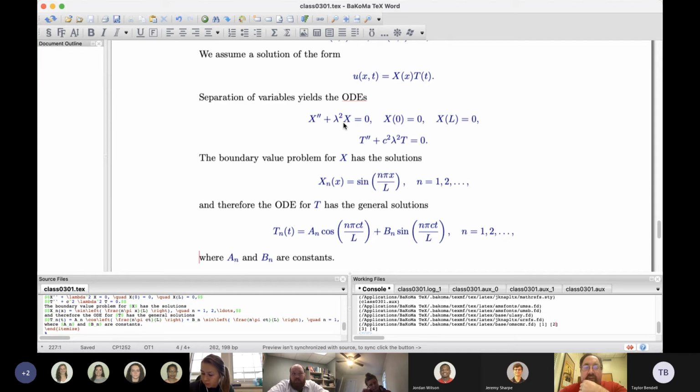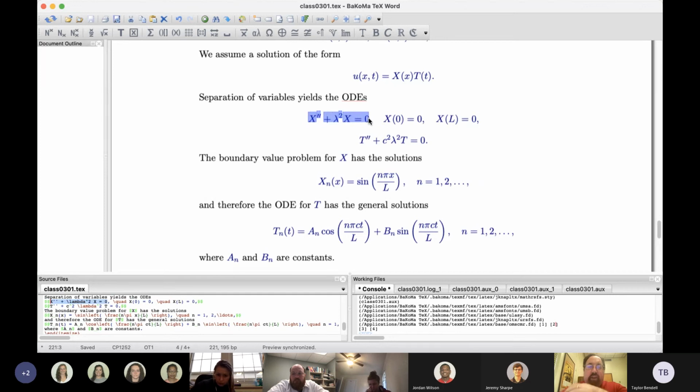So the thing is, notice that the ODEs for x and t are the same, except for this factor of c squared here. So remember, the general solution of this ODE was a linear combination of cosine lambda x and sine lambda x. Well, here's a similar idea. We have a linear combination of cosine lambda ct and sine lambda ct.